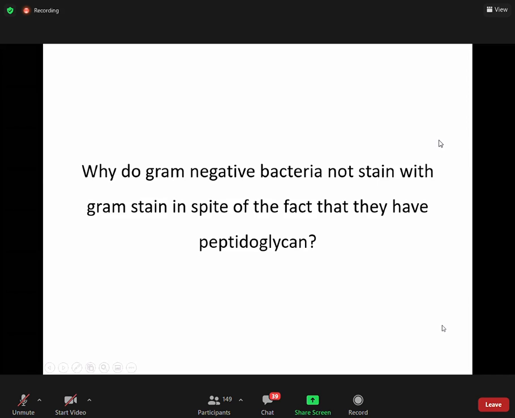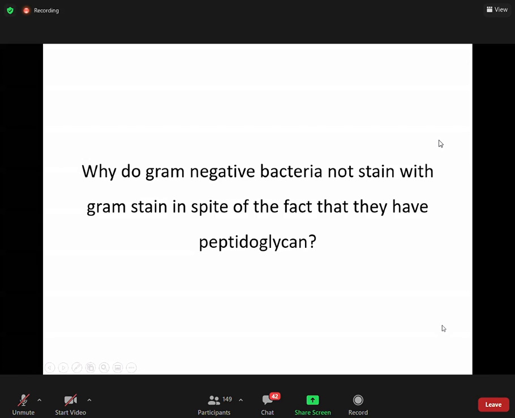Yeah, so this concept is clear that peptidoglycan is present in both gram-positive and gram-negative, but there are differences, thick and thin. In gram-positive, it is the outermost layer, whereas in gram-negative, it is not outermost, it is covered by the outer cell membrane.